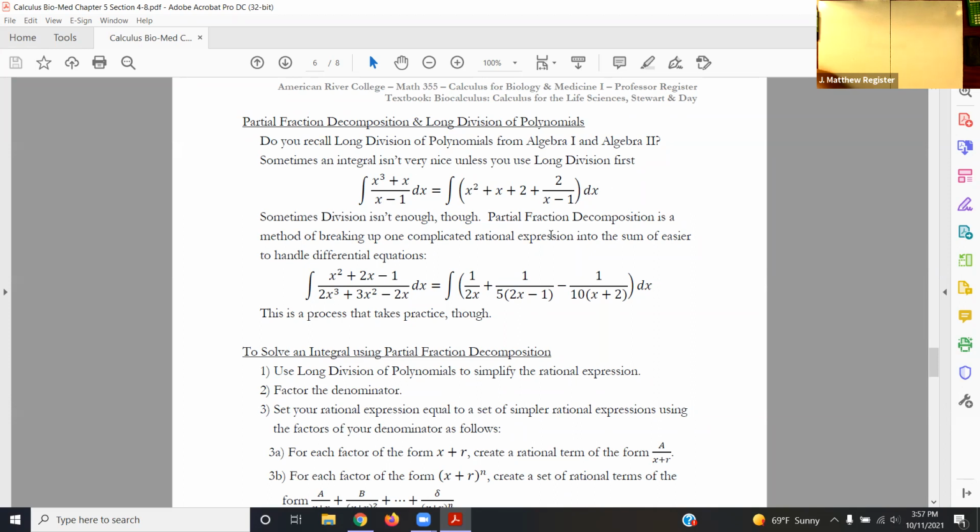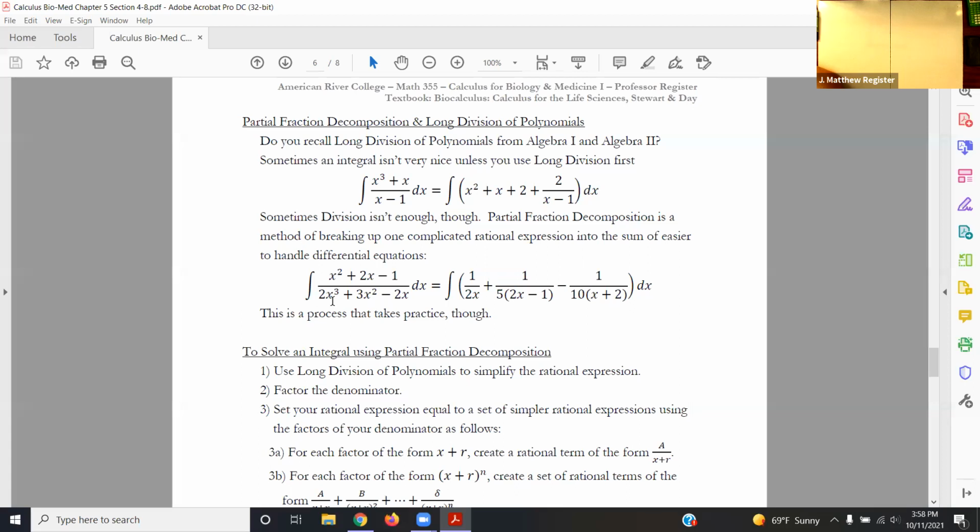Partial fraction decomposition, I'm guessing many of you have not seen. This is a pre-calculus idea, and it's kind of an extension on long division. Partial fraction decomposition is a way of rewriting something like this as the sum of the factors of your denominator.